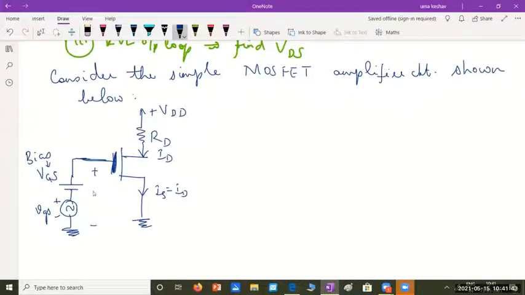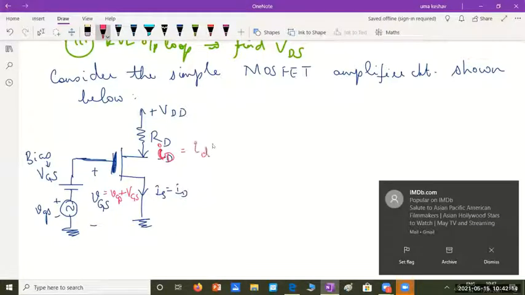So what would be the signal here? I can call this the total gate source voltage, which is the sum of the AC and DC values. Please remember, VGS is AC plus DC. Always we write it like that. So here also I'll show the instantaneous value, small i capital D, which will be the AC value of ID plus the DC ID.